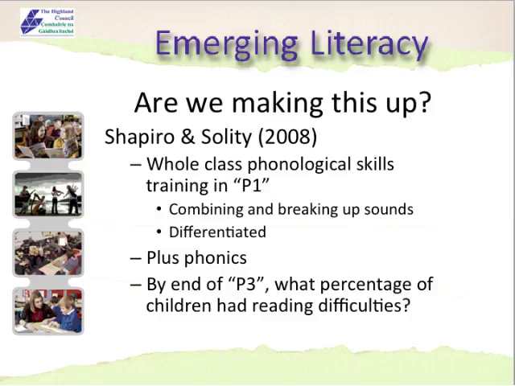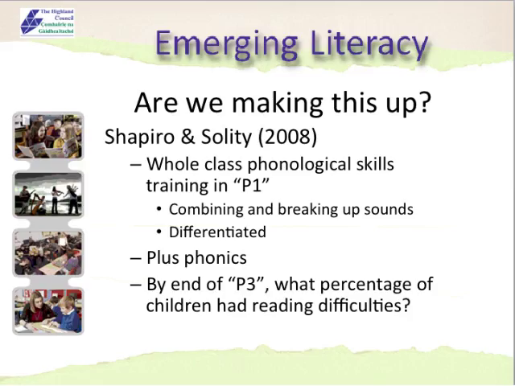We've put up here an example of a study done in America a few years ago with the equivalent of our P1 children. It's a useful study because it was done in real classrooms with real teachers without any extra special resources or programs. What they did was they did regular evidence-based phonics programs, which we know are the most helpful ways to teach children to read.